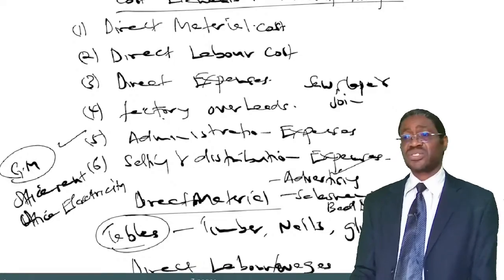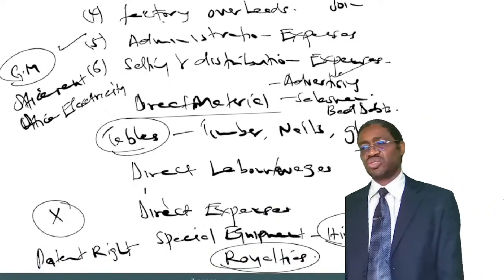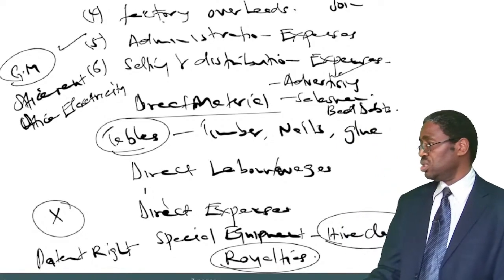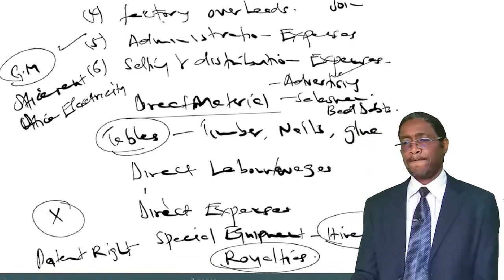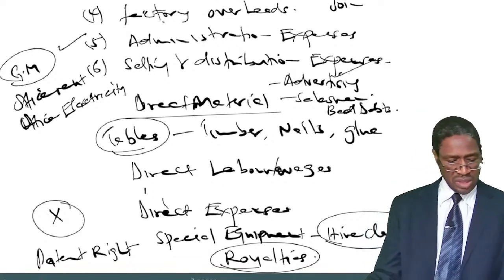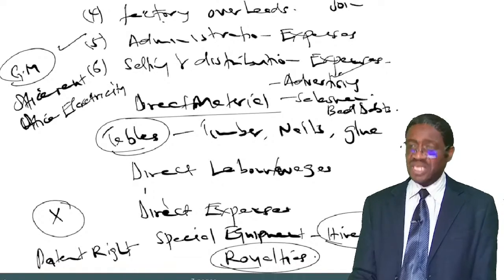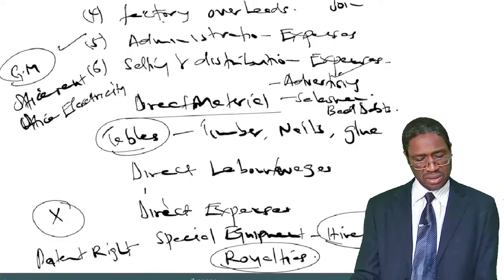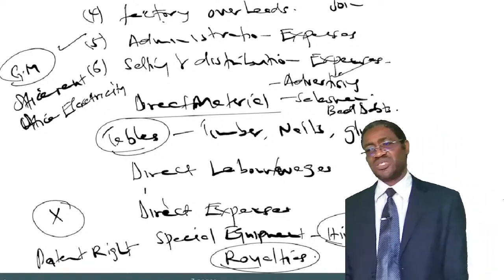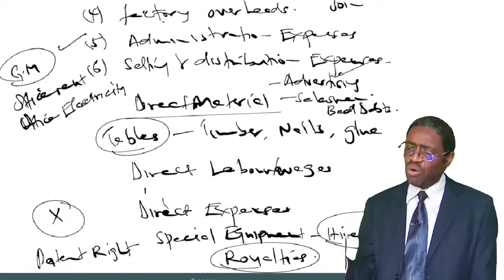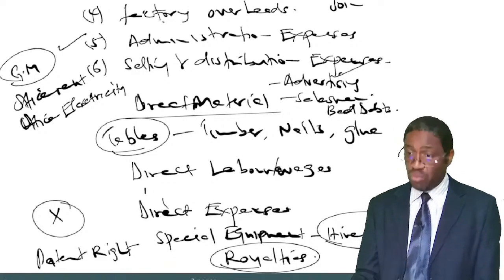Good. Next, another subheading, selling and distribution expenses. Then you say this.